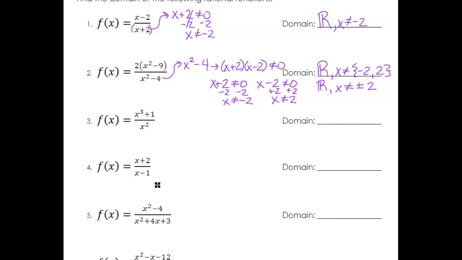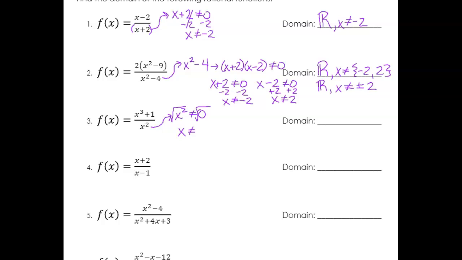So remember, you're only checking the denominators. The numerators, it really doesn't matter what's happening with them. All we need to know is the domain: all real numbers except the values of x that make the denominator 0. So here's my denominator in number 3. It's x squared. I don't want it to equal 0. The only way that I can undo a square is to square root. x cannot equal the square root of 0.